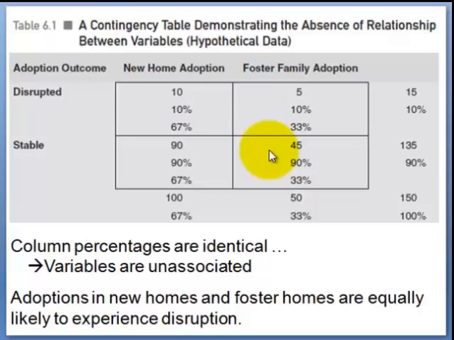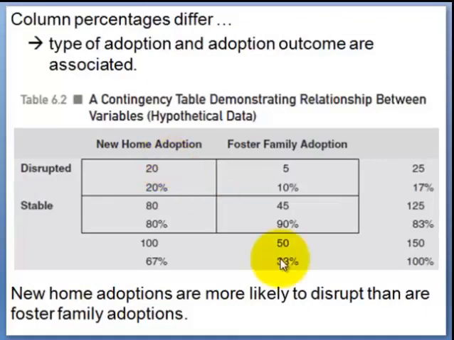You need to focus on the cell percentages. And in this text, you need to focus on the column percentages. Now let me just mention before I go further, from this point forward, the contingency tables in this text are only going to report one set of percentages, and that is the column percentages.